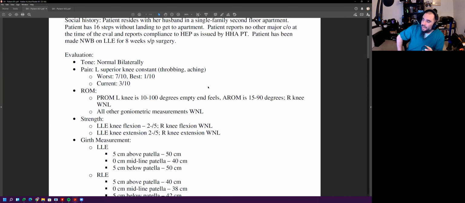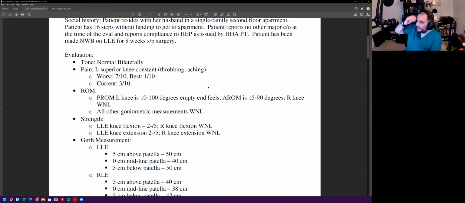So range of motion. Left knee is 10 to 100 degrees with empty end feel. So like Riley said, she's got some extension lag, right? She's about 10 degrees off of 0. So that's her passively. But let's look at her active, 15 to 90. Now, does she have enough to go up and down stairs? Yes, she has enough to clear that foot for going up and down stairs.